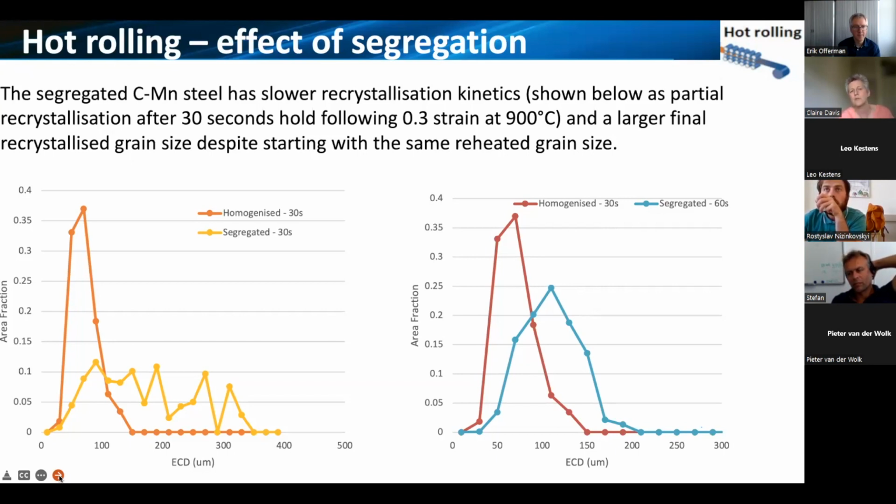So we've got a difference in the recrystallization kinetics. And actually even more interesting, for me, is the fact that after full recrystallization, which is the graph on the bottom right, we still have a difference in the austenite grain size. The segregated sample has a slightly wider range and a larger mode grain size.